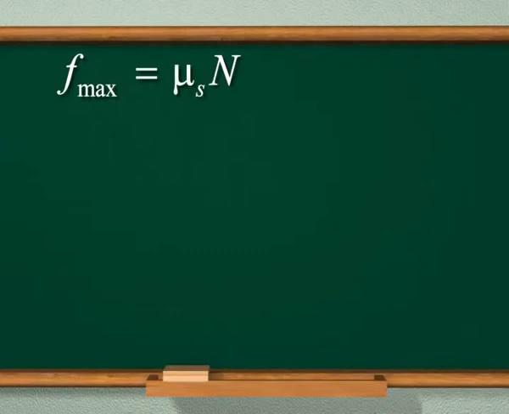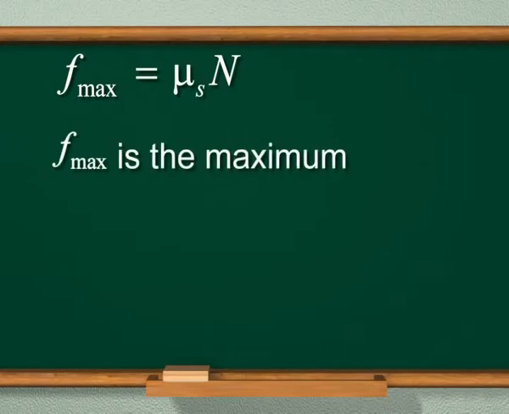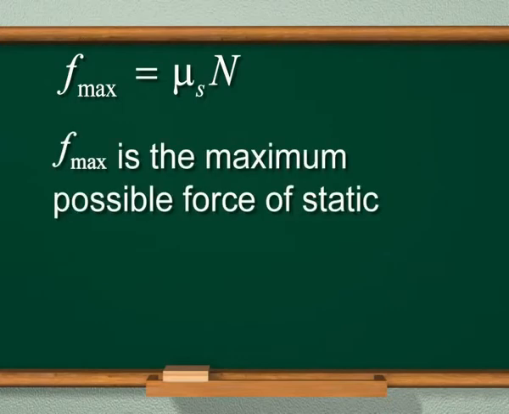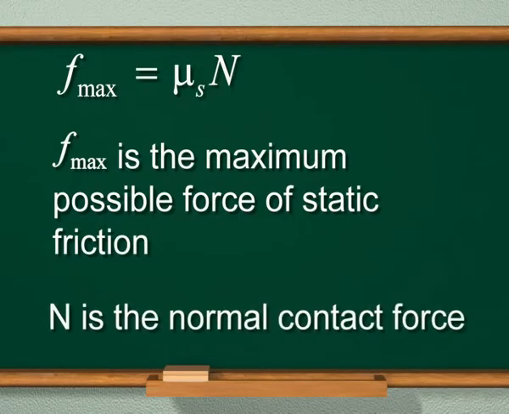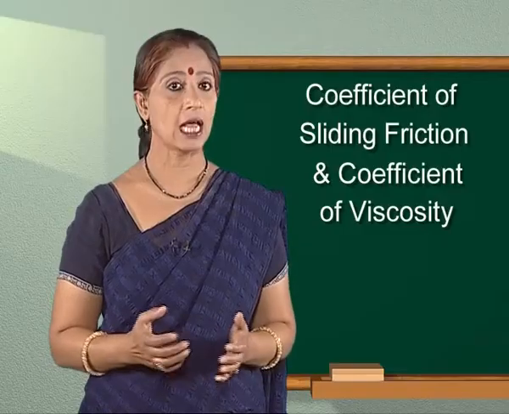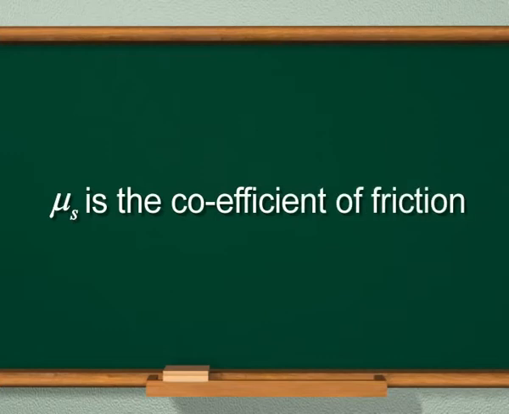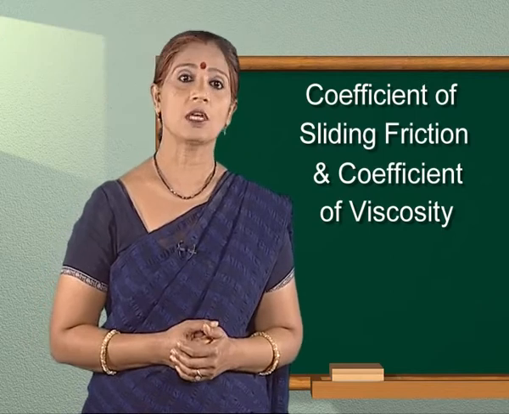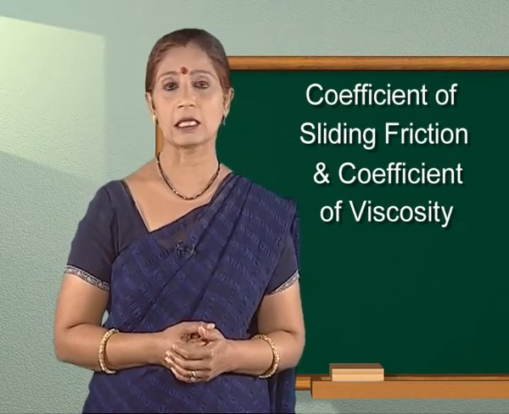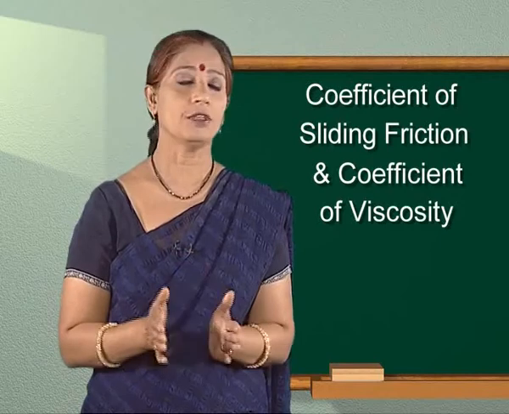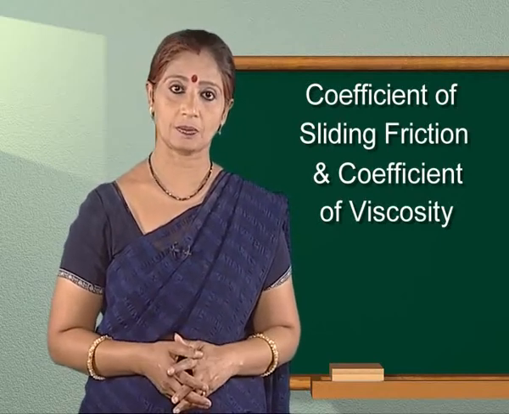We can write F max equals mu s times N, where F max is the maximum possible force of static friction, N is the normal contact force, and the constant of proportionality mu s is the coefficient of friction, whose value depends upon the nature of the material and the roughness of the two surfaces in contact.